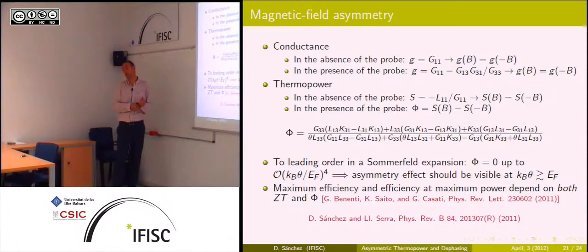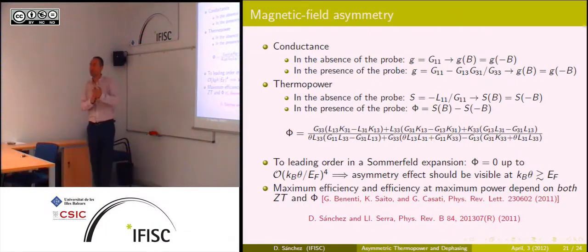So probably for macroscopic metals you could not observe this kind of asymmetry. So you have to go to nanoscopic materials, because in this case the Fermi energy is roughly 10, 20 electron volts, and then you can have these inequalities.